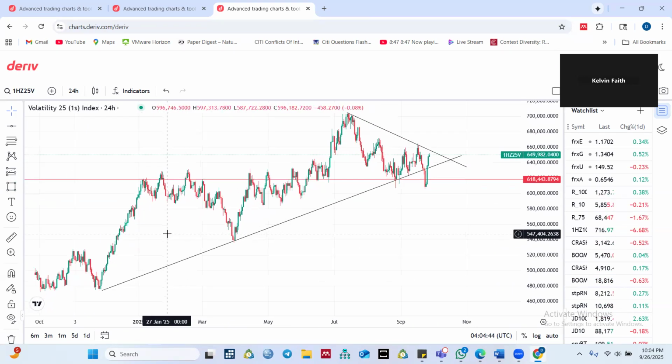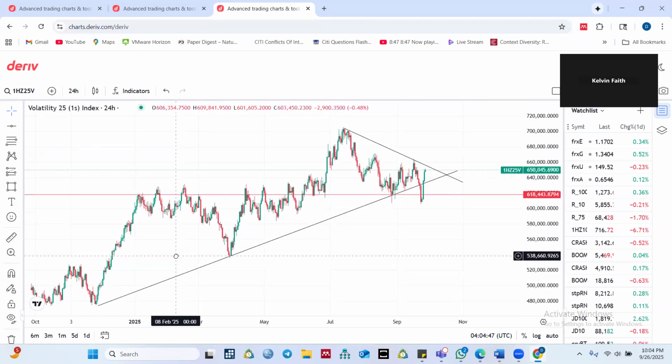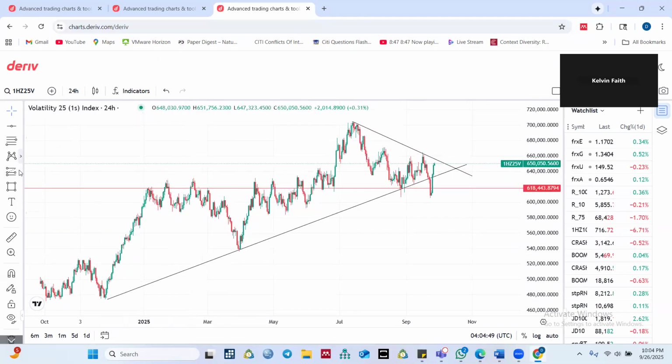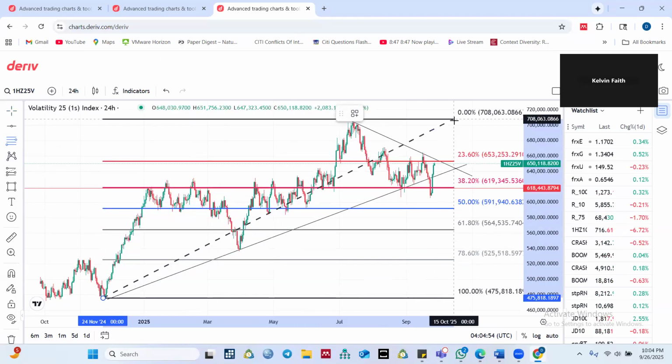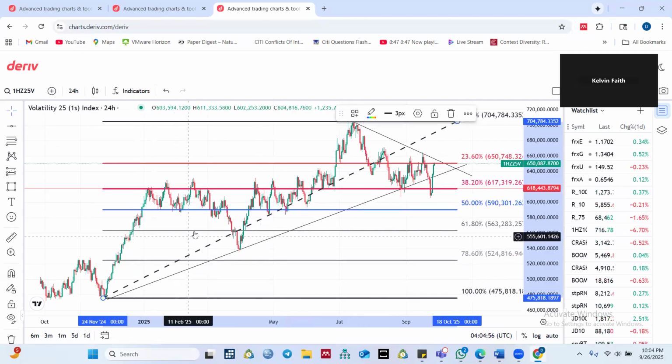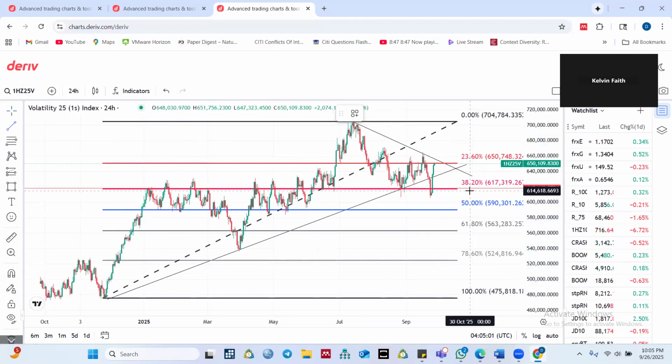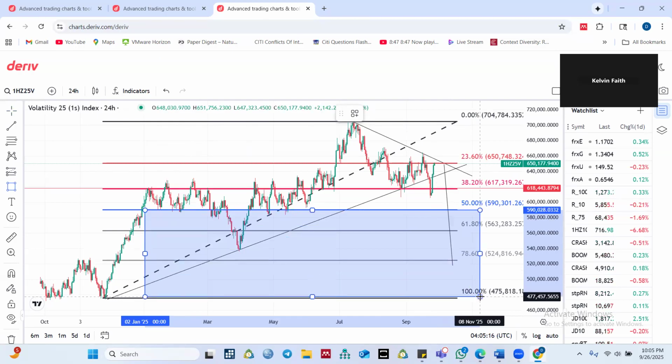There is a lot of information when you check on MT5, but this derived TradingView does not give all the information. Let's measure from here to the top. It's likely that if price wants to sell, it could give us at least 78.6%. That will be below equilibrium, which is discount.